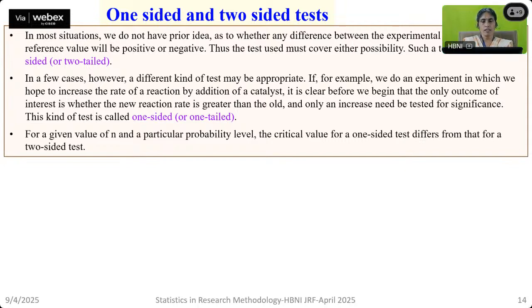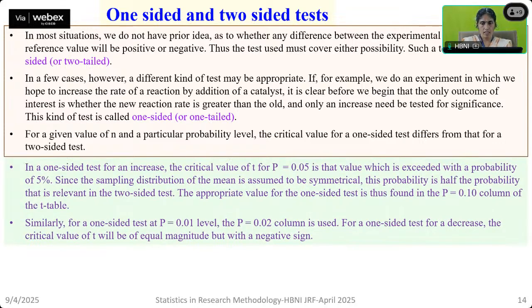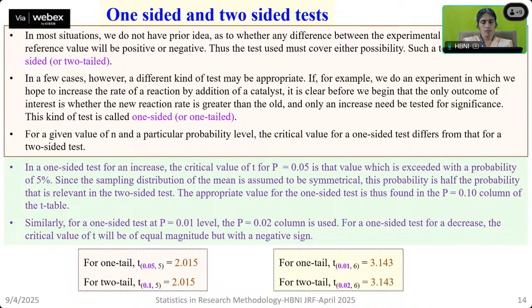For a given value of n and a particular probability level, the critical value of a one-sided test will definitely be different from that for the two-sided test. Here, examples are given. If you compare for a one-tail test having a significance level of 0.05 for the same degrees of freedom of 5, the value is 2.015.